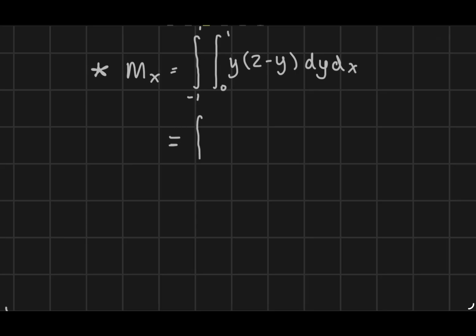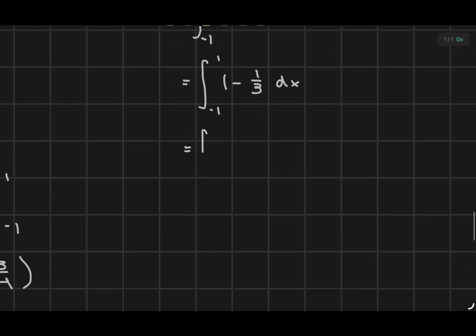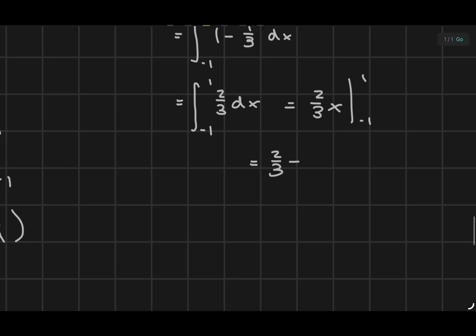This is going to equal the iterated integral over negative 1 to 1 of 2y, that's going to be y squared minus 1/3 y cubed from 0 to 1 dx, which is going to equal the integral over negative 1 to 1 of 1 minus 1/3 dx, which is going to equal 2/3. Negative 1 to 1 of 2/3 dx is going to equal 2/3 x from negative 1 to 1, which is going to equal 2/3 minus negative 2/3, which is going to equal 4/3.